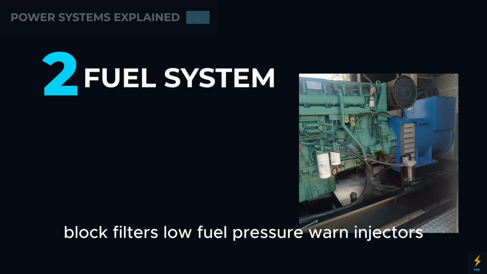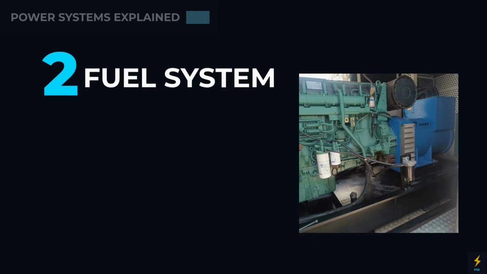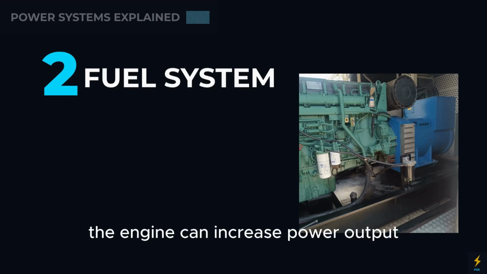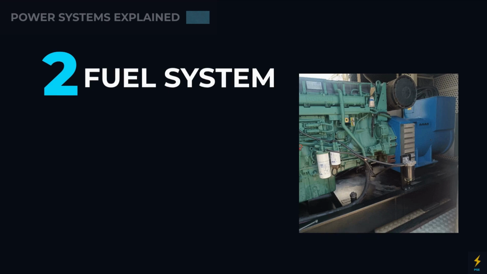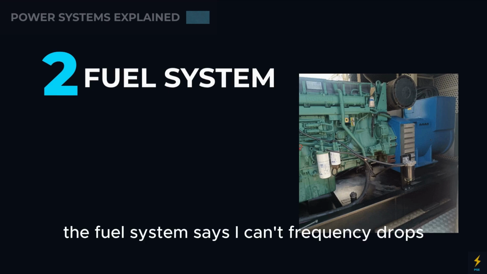Blocked filters, low fuel pressure, worn injectors, all of these limit how quickly the engine can increase power output. The governor says, "Give me more fuel." The fuel system says, "I can't." Frequency drops.